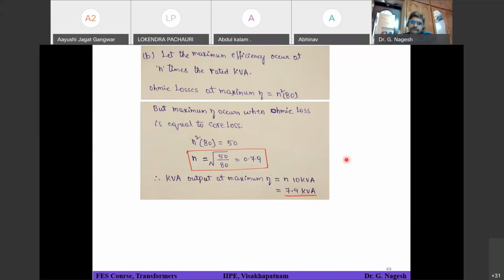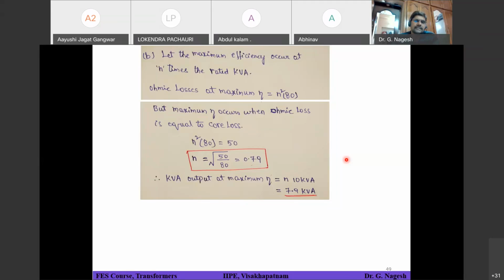You can do it, right? You understood this or not? How to proceed for that? Previously, I told you to calculate the efficiency at 1/4 of the full load, that means 0.25, and at half of full load, that means 0.5.